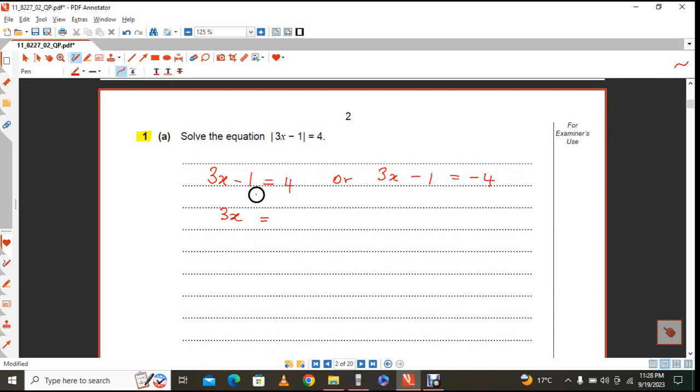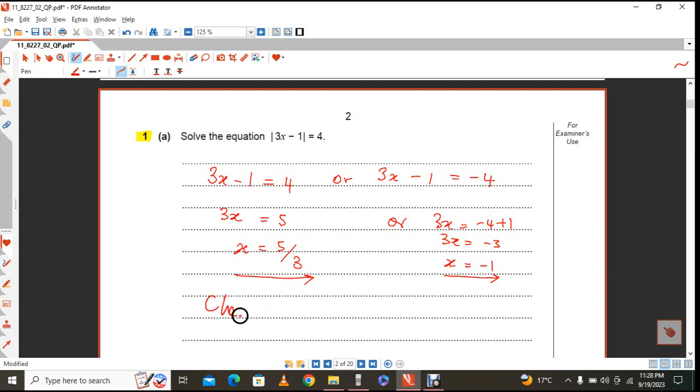So we're going to have a 5 over here, and x will be 5 divided by 3. For the other solution, you'll have 3x equals 2. So you have negative 4 plus 1, which gives you negative 3, giving you that x will equal negative 1, if you divide throughout by 3.